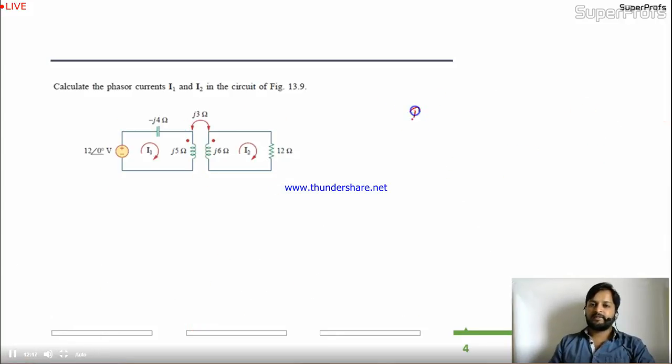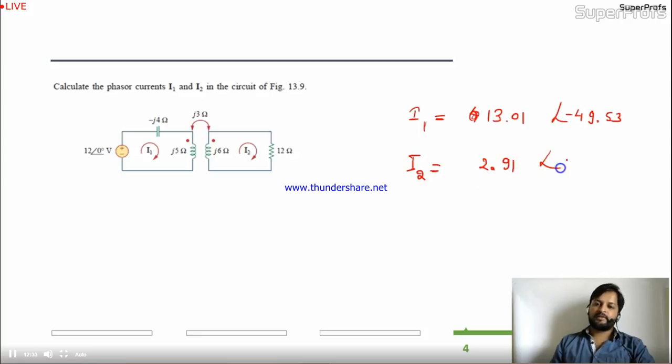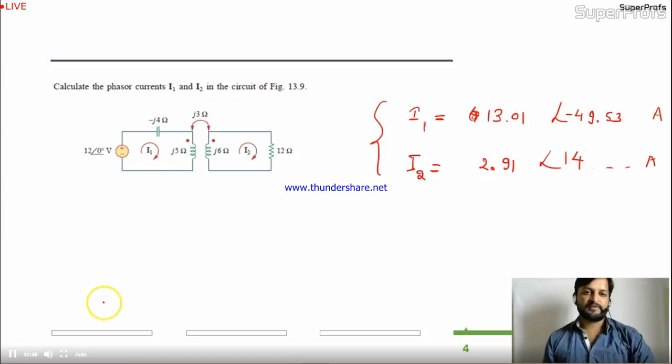After solving, I1 is 13.01 at an angle of minus 49.53, and I2 is 2.91 at an angle of 14 and something, in amperes. These are the currents I1 and I2. So I hope the mutual inductance concept is clear.